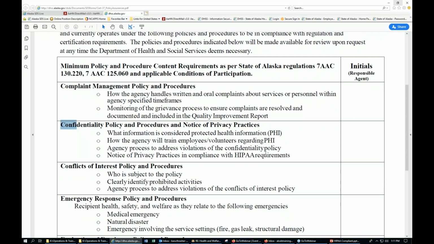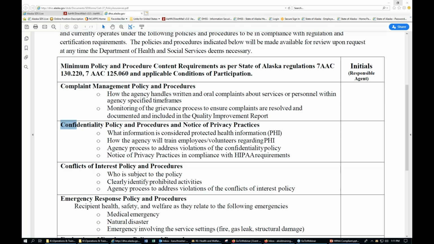So it includes what information is considered protected health information. That's what's in the policy and procedure, how the agency will train employees and volunteers regarding PHI, the agency's process to address violations of the confidentiality policy should they happen, and notice of privacy practices, which you would give to your clients. Okay.